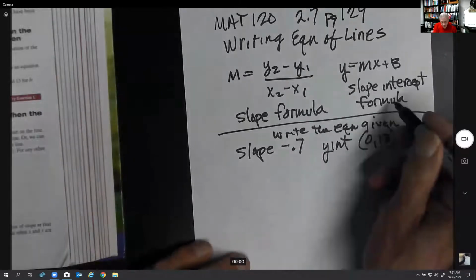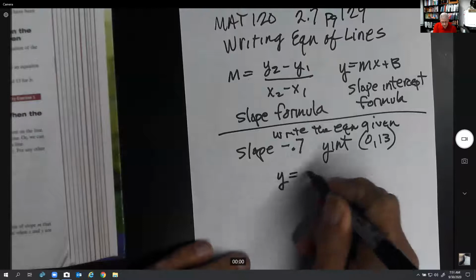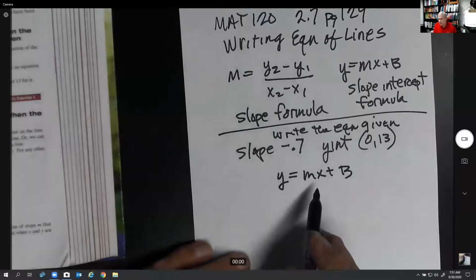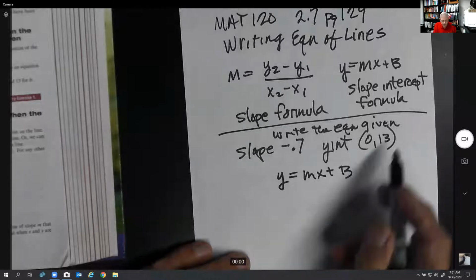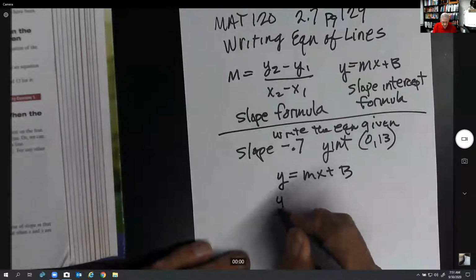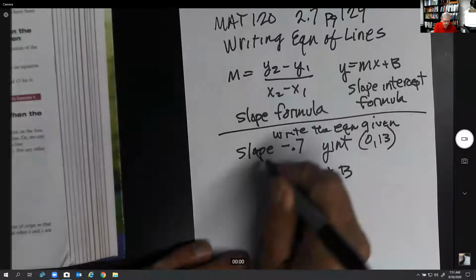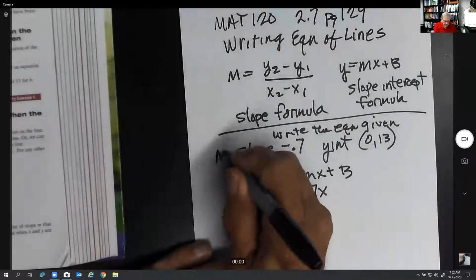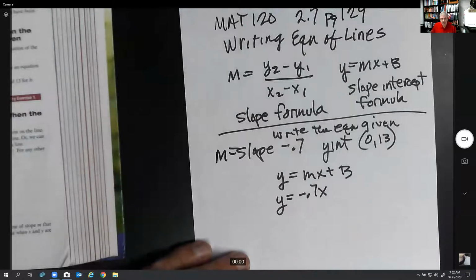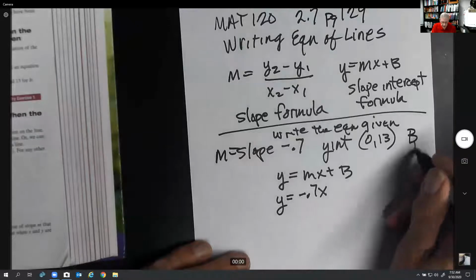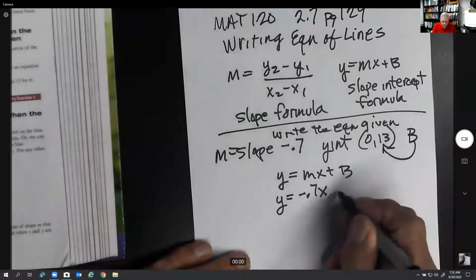We're going to start with our slope-intercept formula. I'm going to replace the slope, m, with negative 0.7. This is the same thing as m. And we're going to replace the y-intercept with just the 13. This is b. We want the y value.